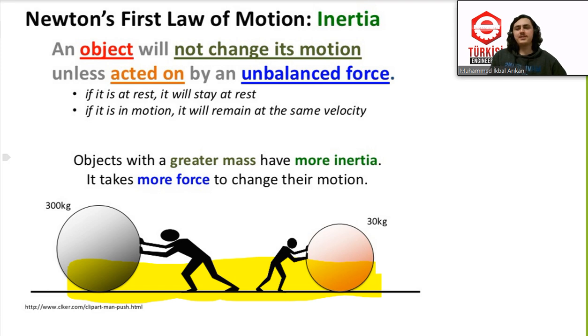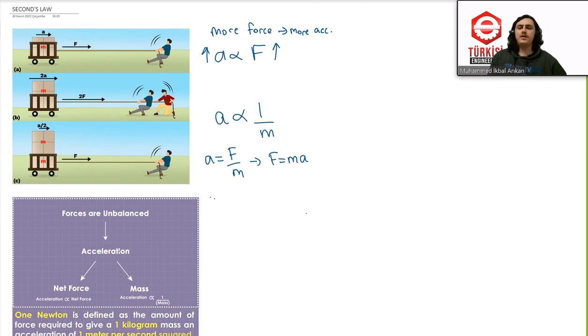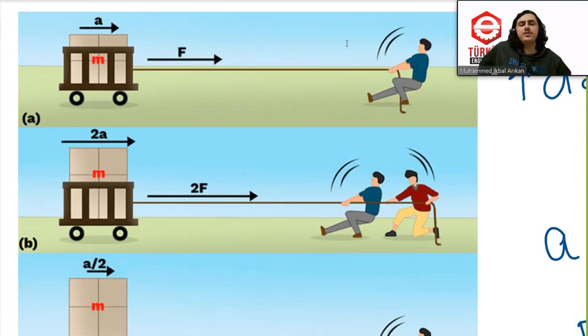What about the second? Actually, let's talk about the second law. The second law is the mathematical relation between mass, acceleration, and force. In this section, we are trying to see what factors affect the acceleration. So we will make a lot of experiments.